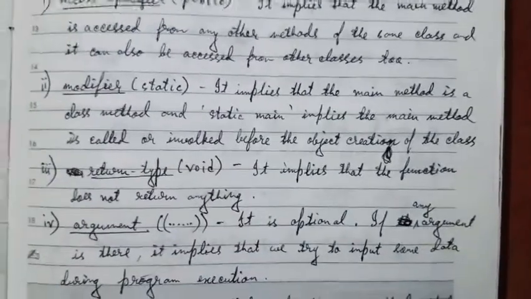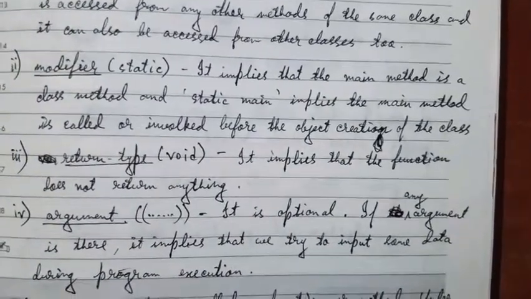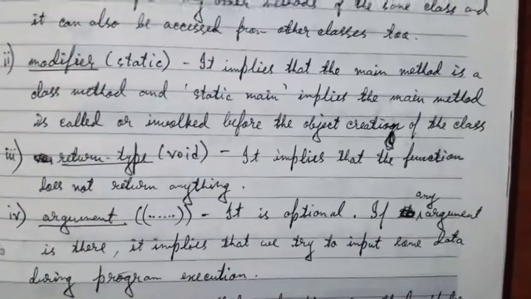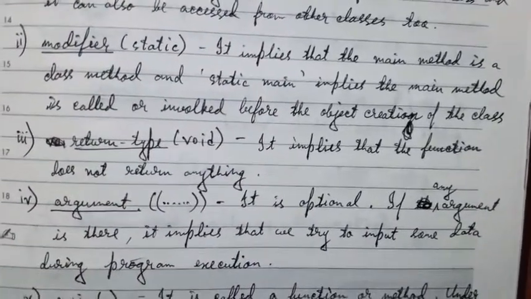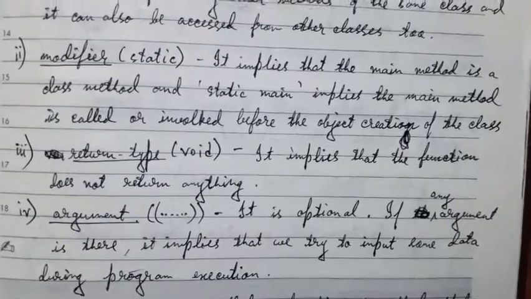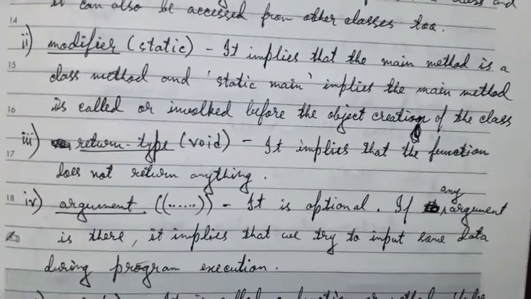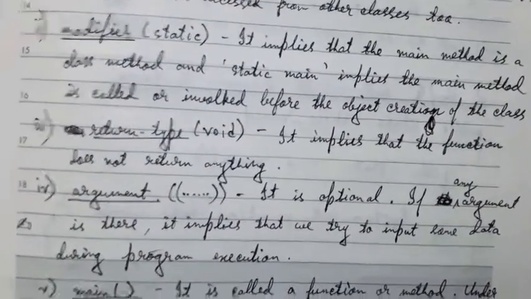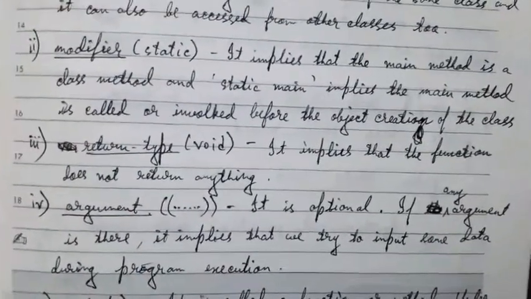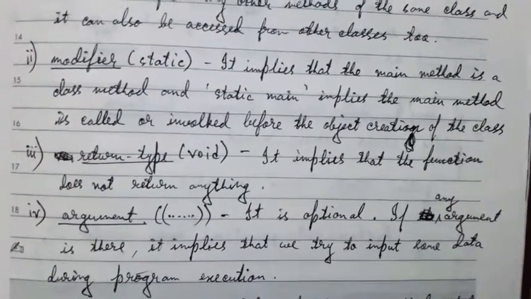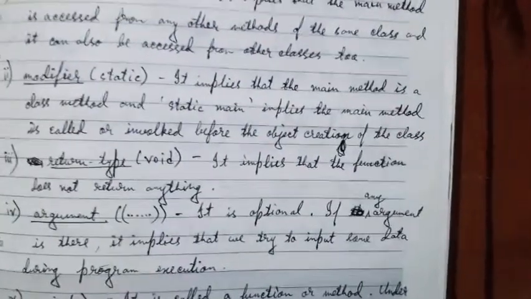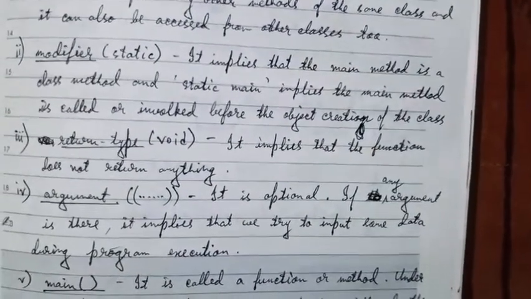Next is the return type. What is return type? It implies that the function does not return anything. Now, there are certain data types which are required for declaring variables or arrays or strings and all. What are those data types? First is int, then float.